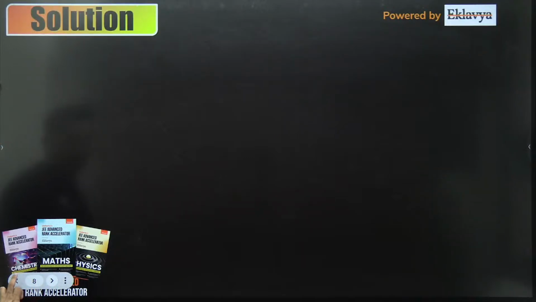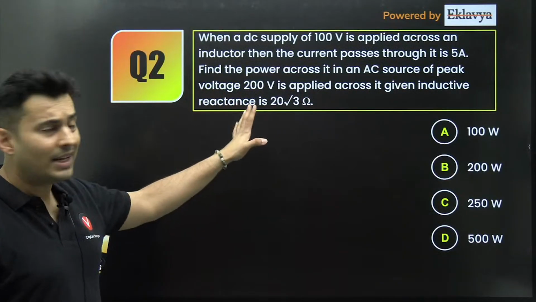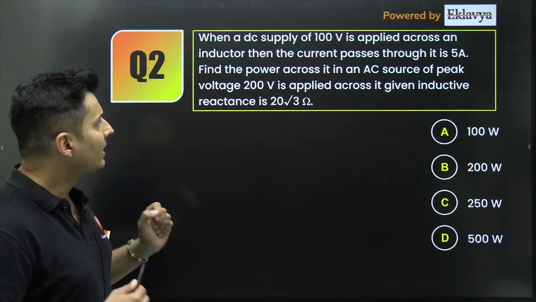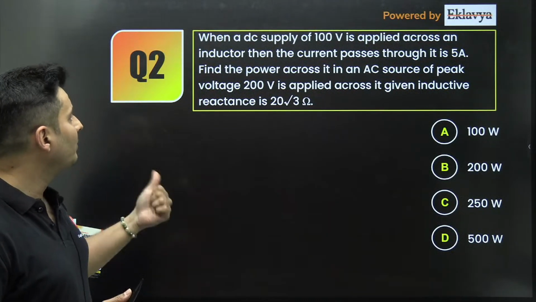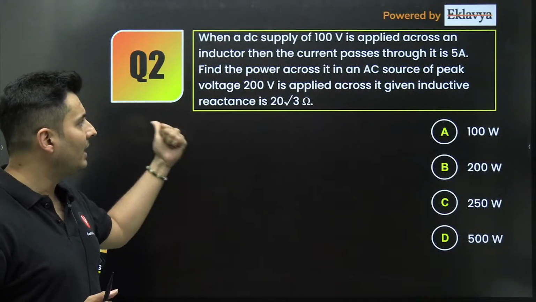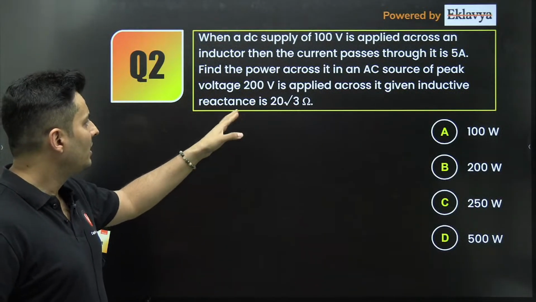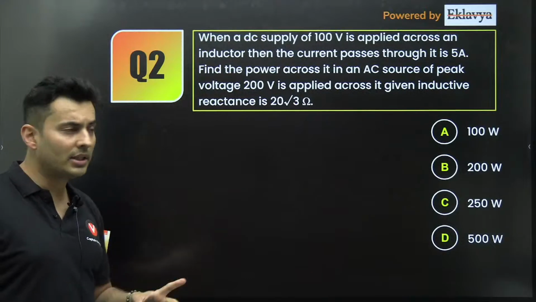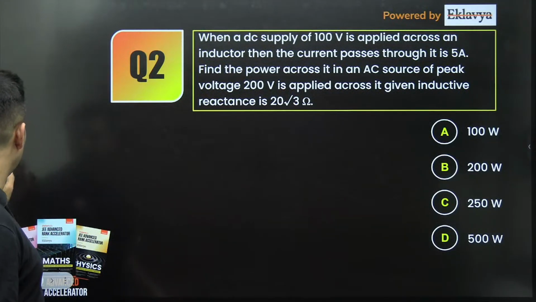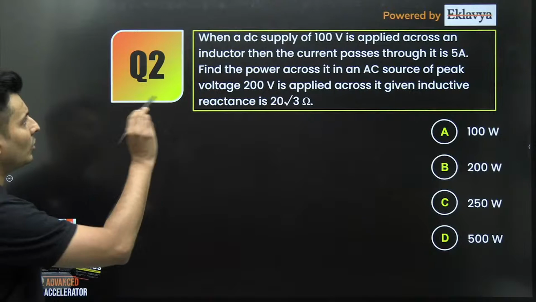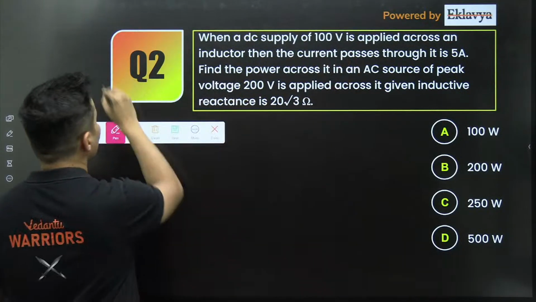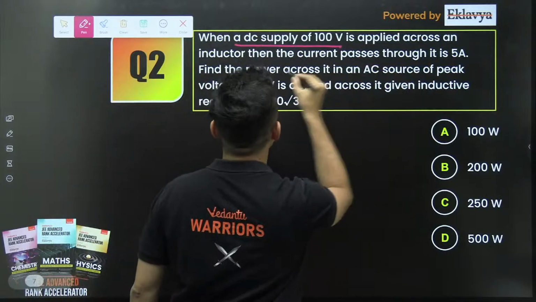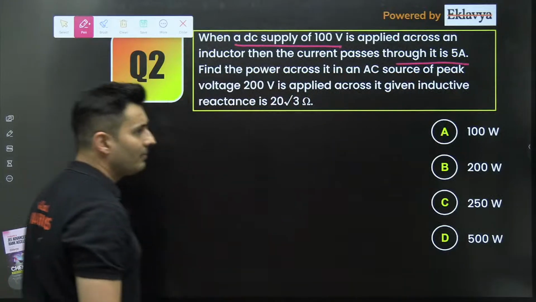It says when a DC supply is connected to an inductor and the current passing is 5 amperes, find the power across the AC if the peak voltage is 200 volts and the inductive reactance is 20√3. See, in the first scenario, when you apply a DC voltage of 100 volts, the current passing through it is 5 amperes.